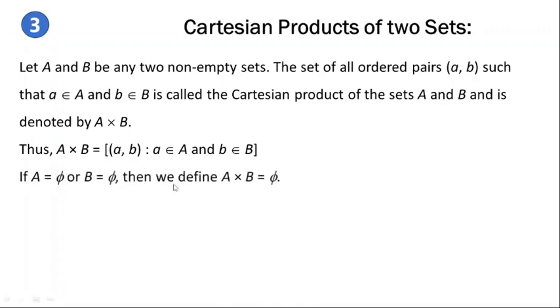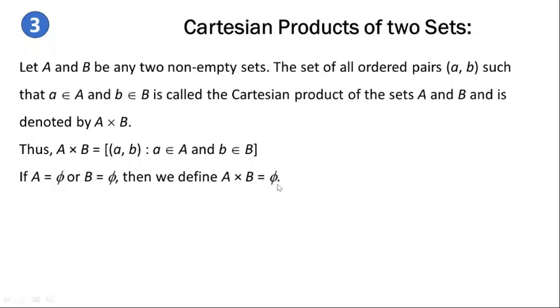If A is the empty set or B is the empty set, then we define the Cartesian product of A and B as again phi, that means the empty set.